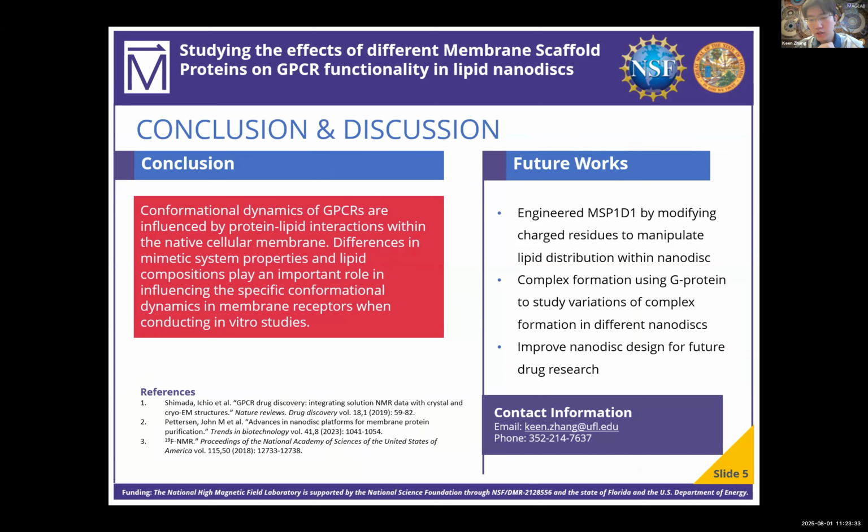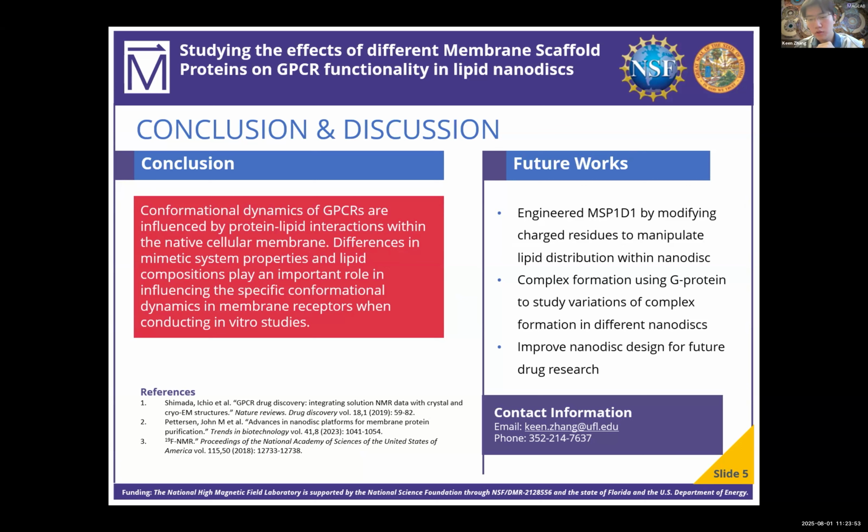Some of the concurrent work that we've done is introducing substitutions within the native MSP1D1, replacing normally uncharged residues with charged residues in hopes of introducing artificial lipid asymmetry within the lipid distribution of the nanodisc.